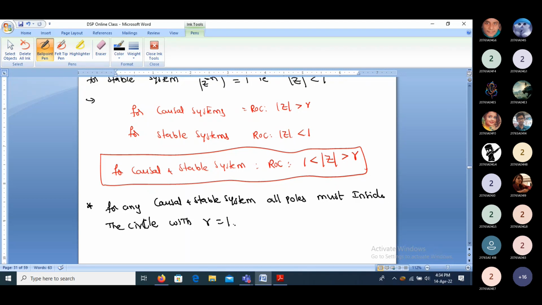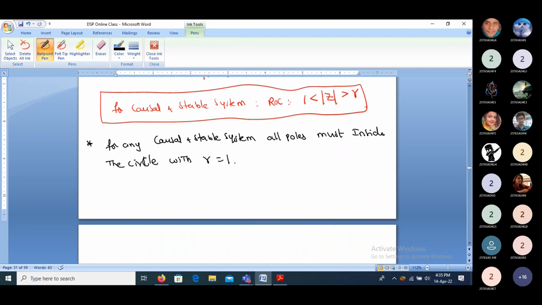Why? If the ROC is greater than 1 for any system, the ROC does not contain any poles. So that condition is satisfied, and that property is also satisfied. Automatically it will be evaluated on the unit circle also. So for a causal and stable system, the ROC must be greater than R with radius R equal to 1, and all the poles must be inside the unit circle, nothing but inside the circle with radius R equal to 1.